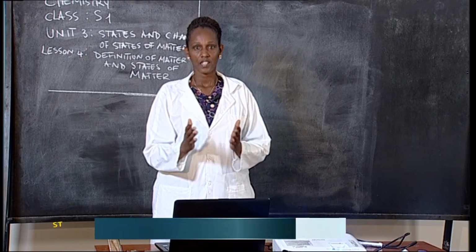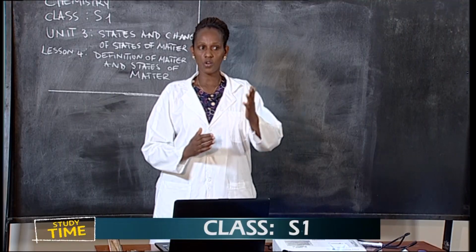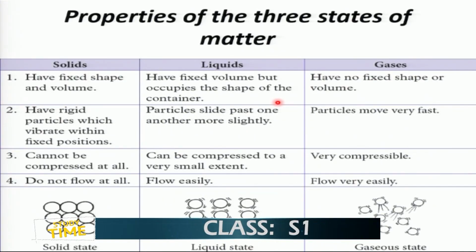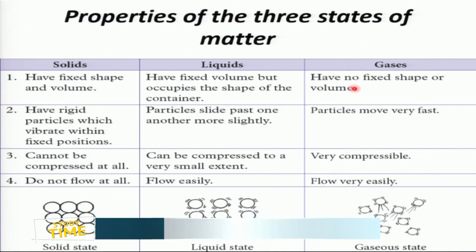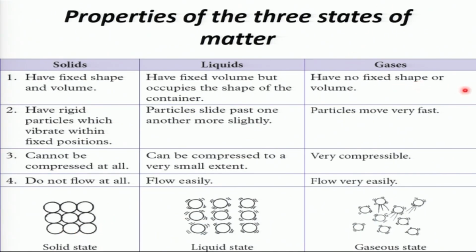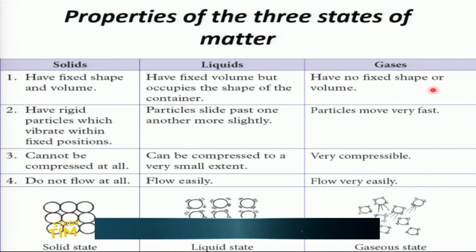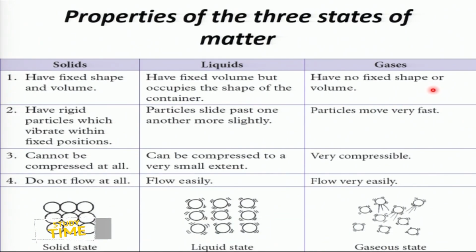Look at the gas now. Talk of the volume and the shape for gases. Gases don't have a fixed shape, nor do they have a fixed volume. What does it mean? The gas also takes the shape of a container.